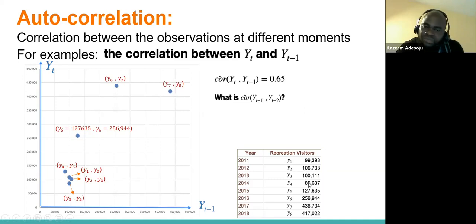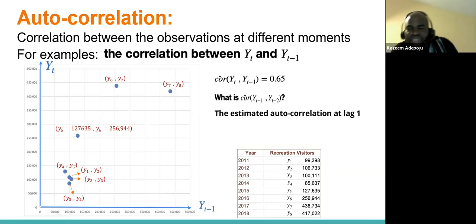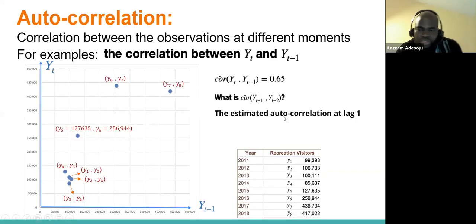All I need to do is write a lag into the data set and put 1 or 2. So we can also find a correlation between that. So the estimated autocorrelation at lag 1, that's exactly what we just did.